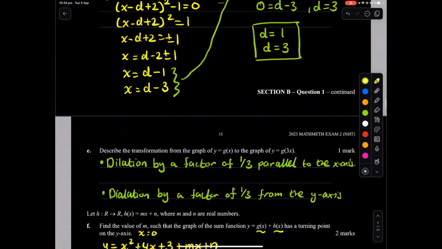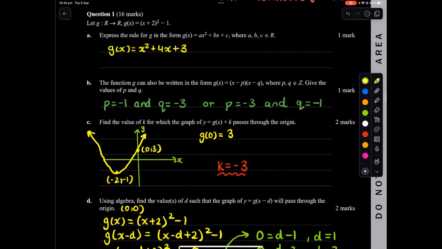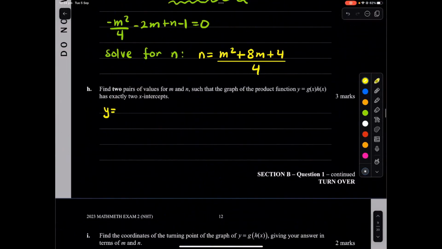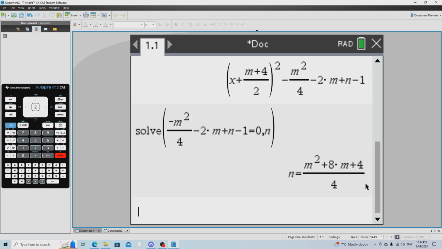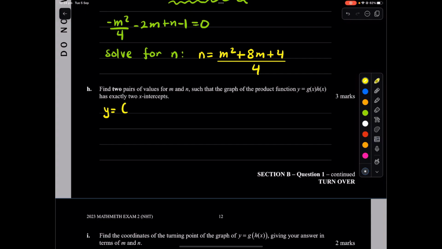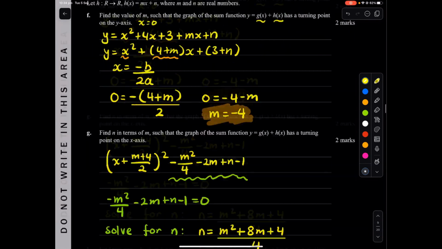I'm going to use the form of g of x on my calculator, so it's x plus 1, x plus 3, and h of x as mx plus n.